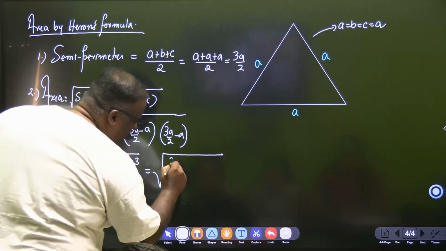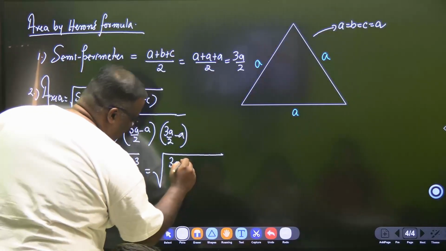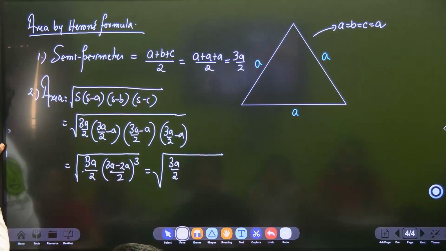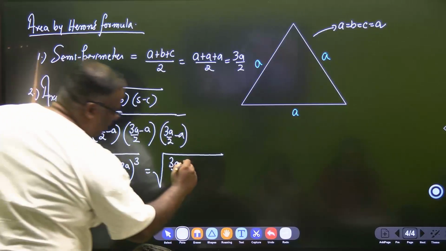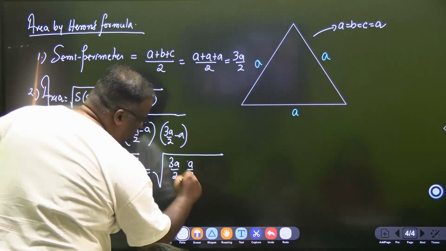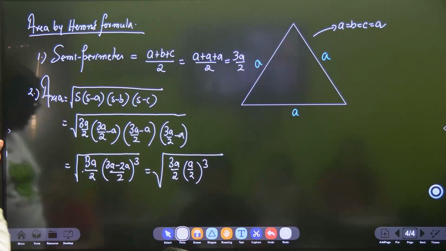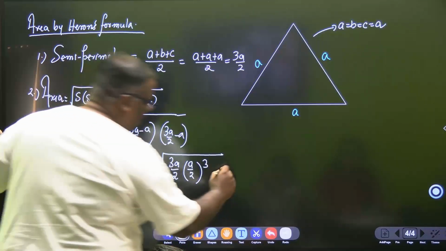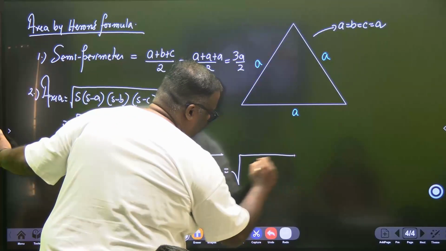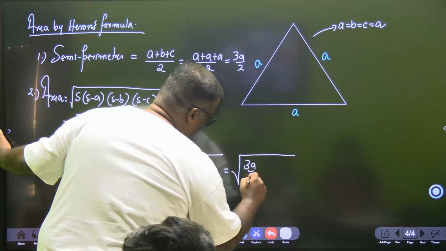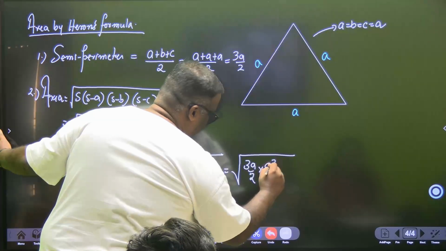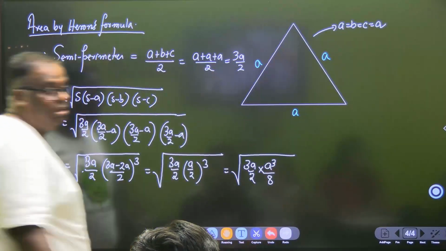Okay. This is 3A upon 2. Now 3A minus 2A is how much? 1A. A by 2 and has a cube on it. Agreed? Very good. This further gives me 3A by 2 into A cube by 8. Agreed?